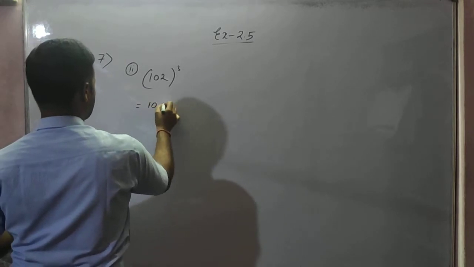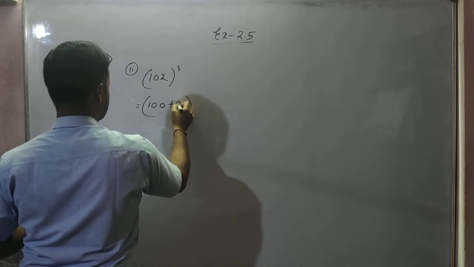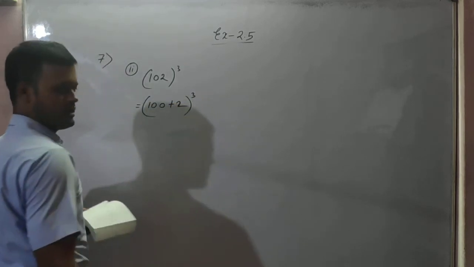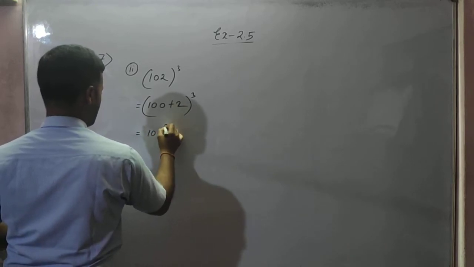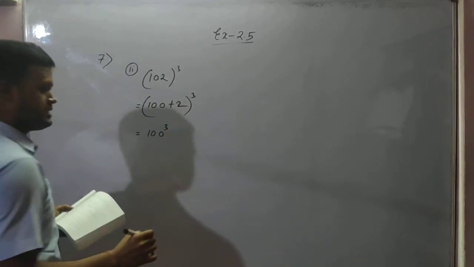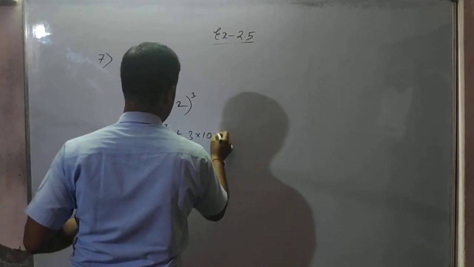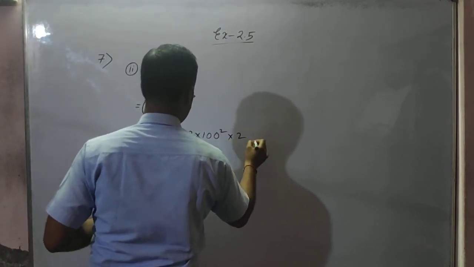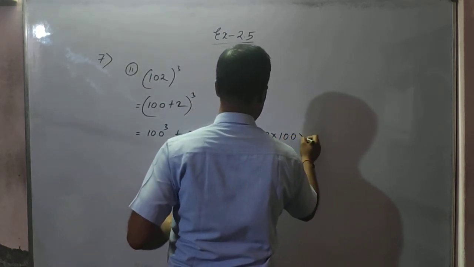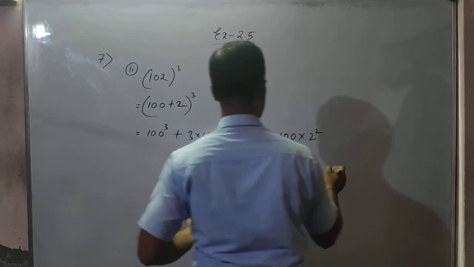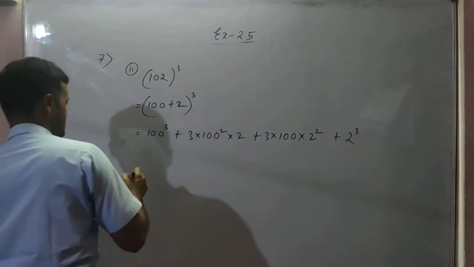So 102 whole cube you will write 100 plus 2. 100 plus 2 whole cube will be 100 cube plus 3 into 100 square into 2 plus 3 into 100 into 2 square plus 2 cube, isn't it?